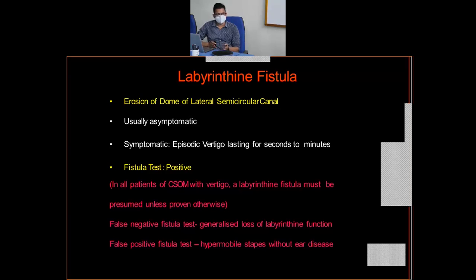So it gives a false negative fistula test. Fistula is there, but nystagmus is not. And a false positive fistula test is seen with hypermobile stapes. Just pressing the tragus may lead to nystagmus. That is false positive: there is no actual fistula, but there is nystagmus.